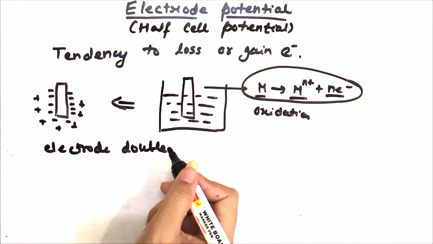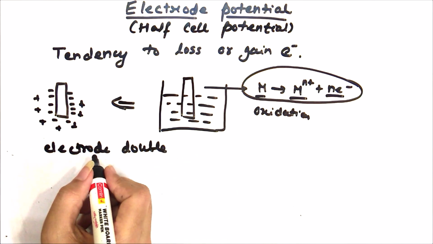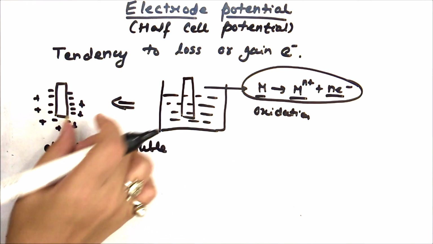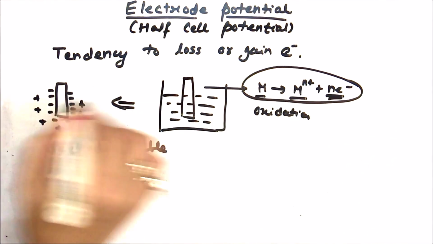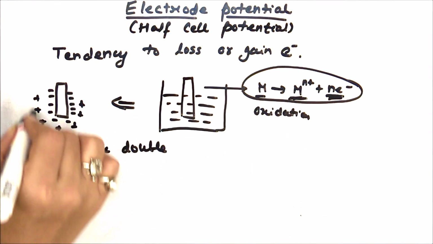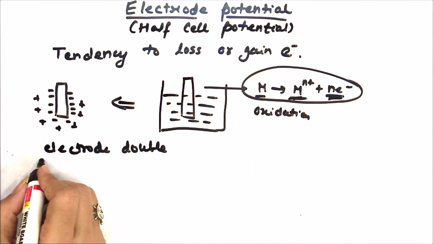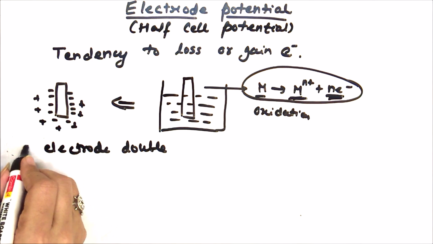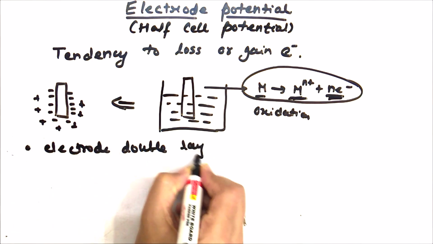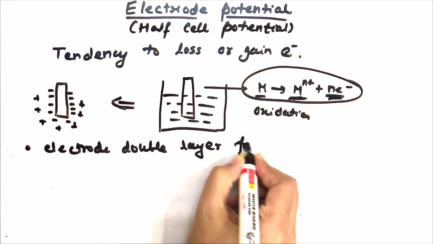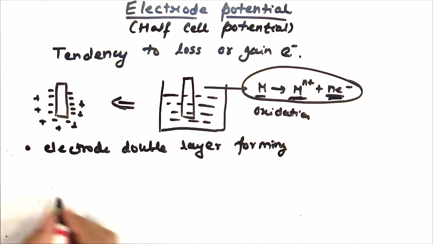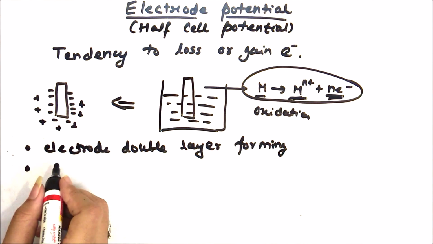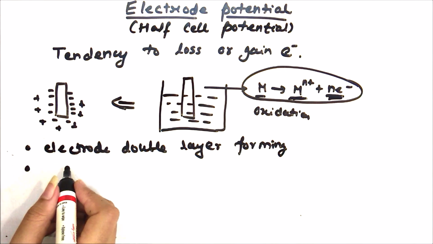We are talking about the next definition of electrode potential. Because of the loss of electrons, this negatively charged electron will accumulate over here and this positively charged ion will accumulate over here in this way. So here an electrical double layer is forming.